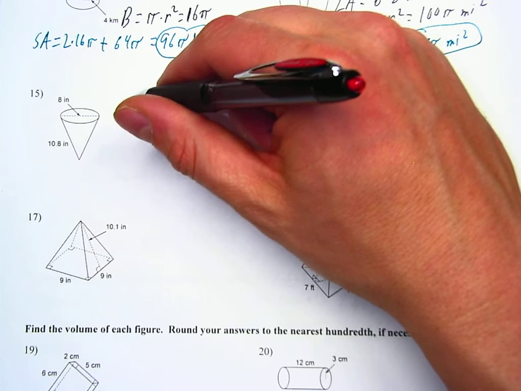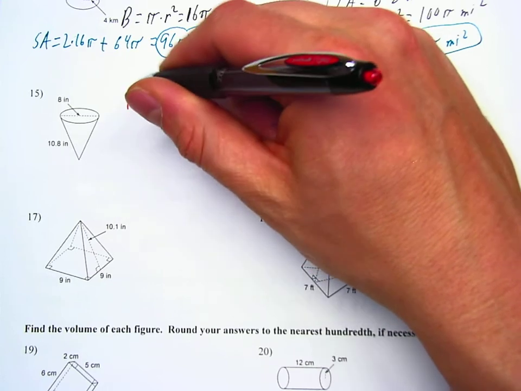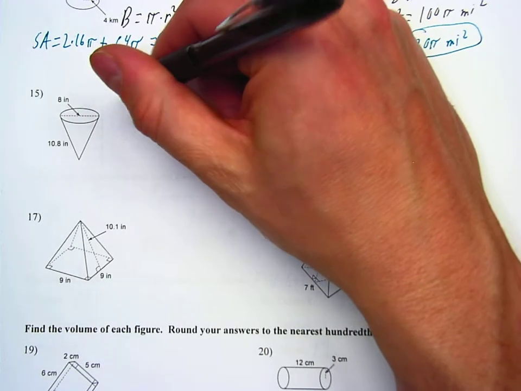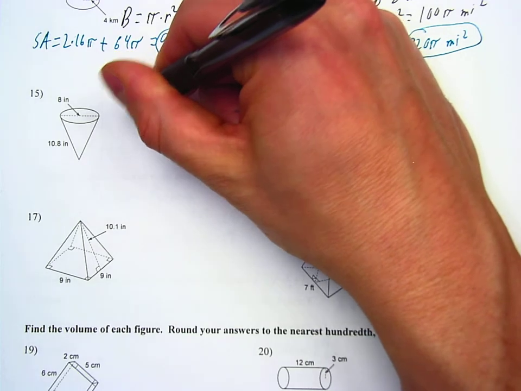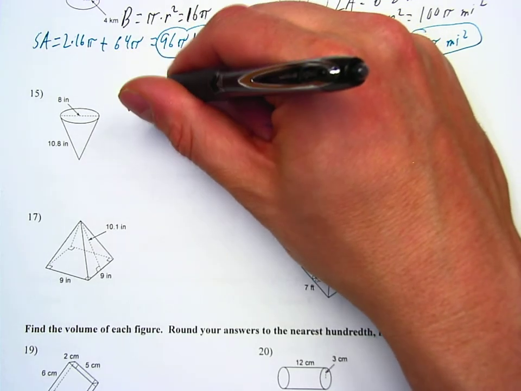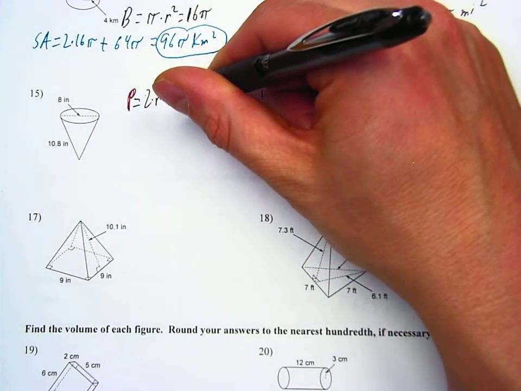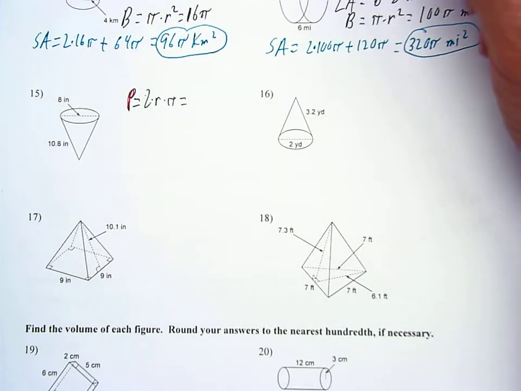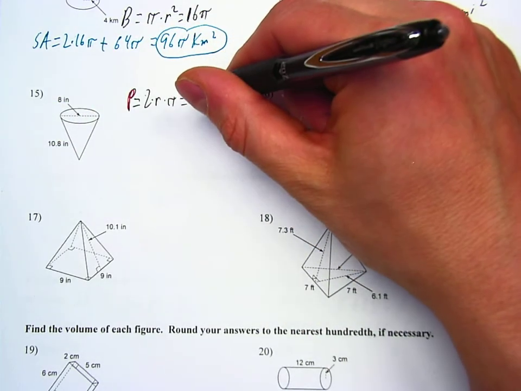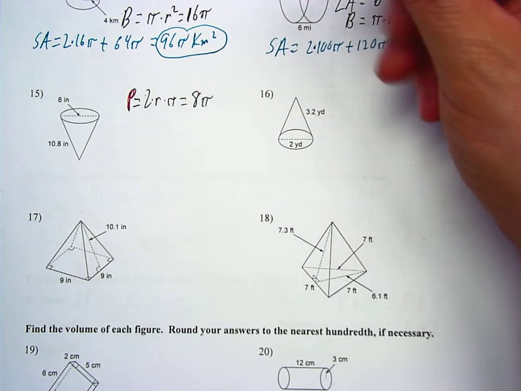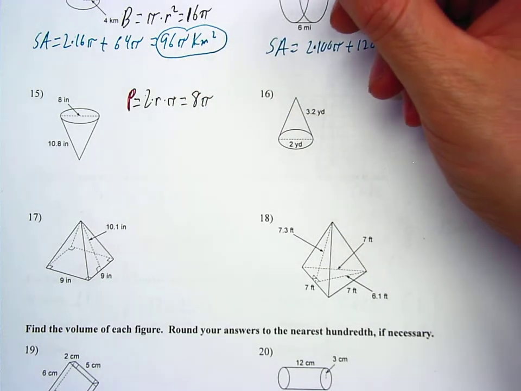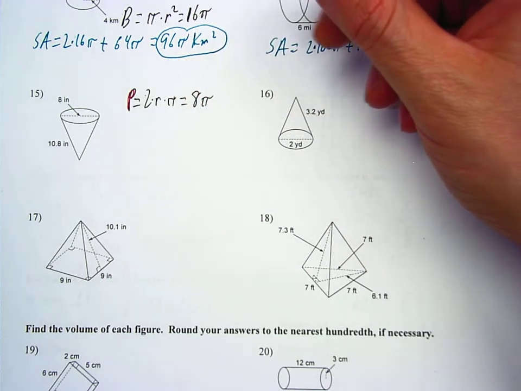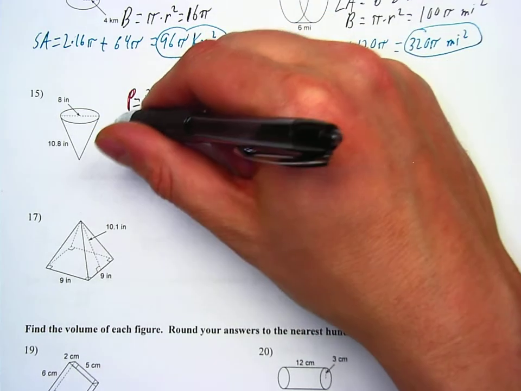So we're going to start off with, again, labeling the perimeter of the shape. Perimeter is equal to 2 times r times pi. So in this case, r is not 8 because 8 is the entire length across. R is actually only 4. So the perimeter here is 8 pi. And then we're going to do the lateral area by taking the perimeter times the height once again.